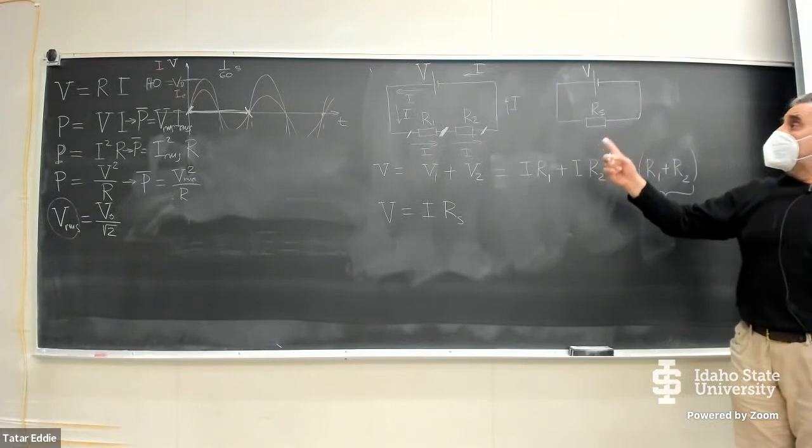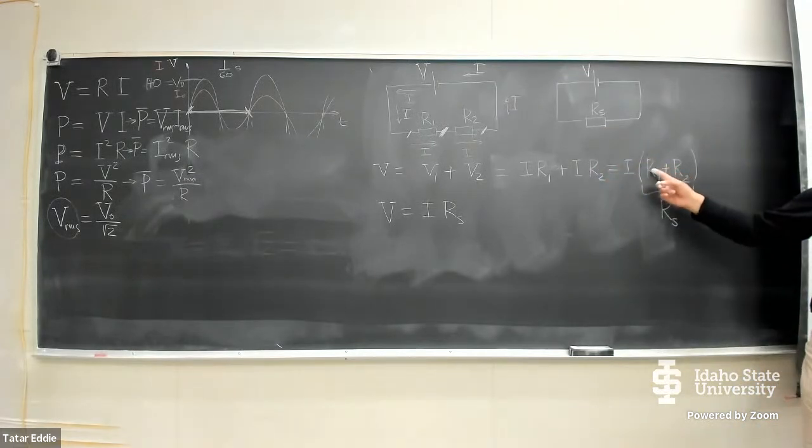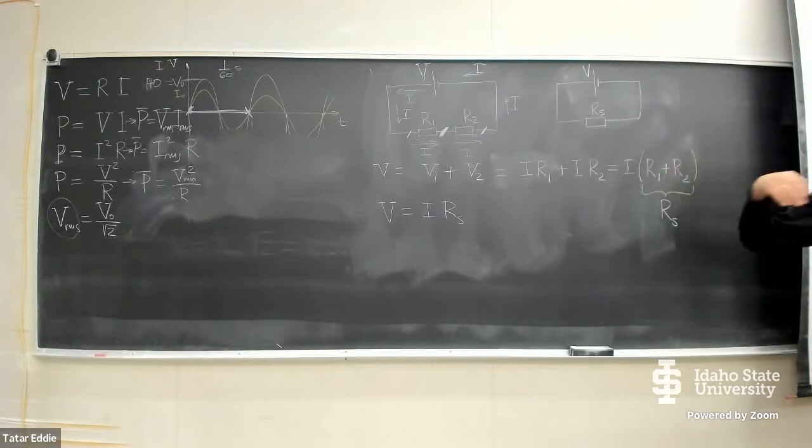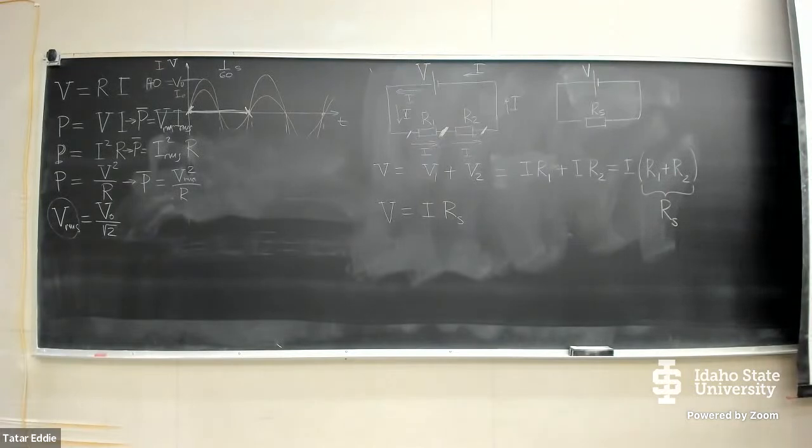So clearly RS is larger than R1 and larger than R2. The resistances are always positive numbers. Any remarks so far?